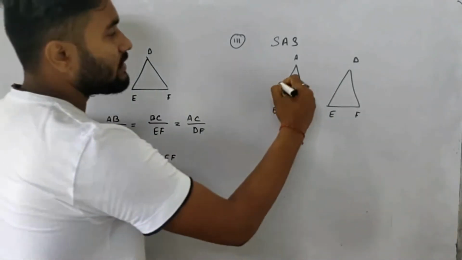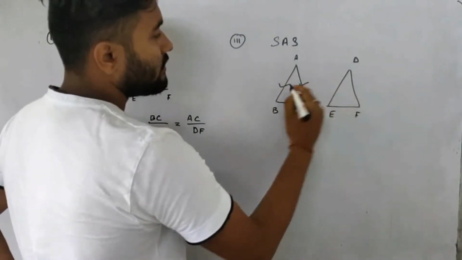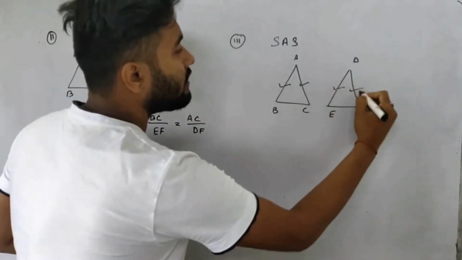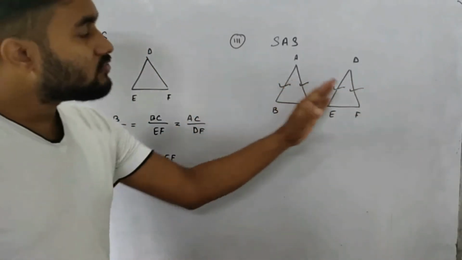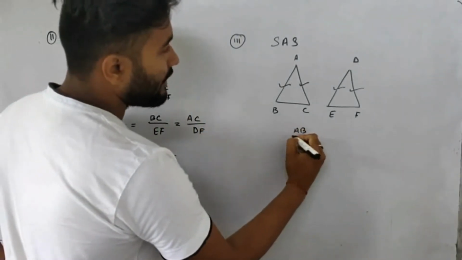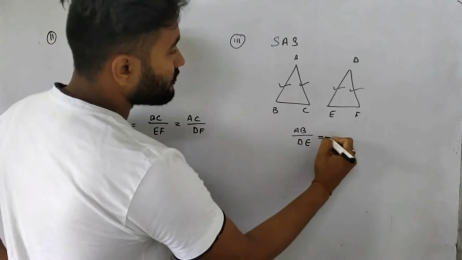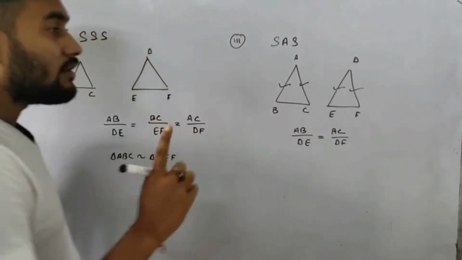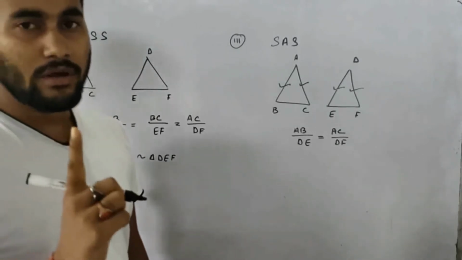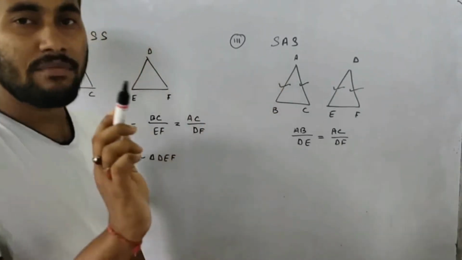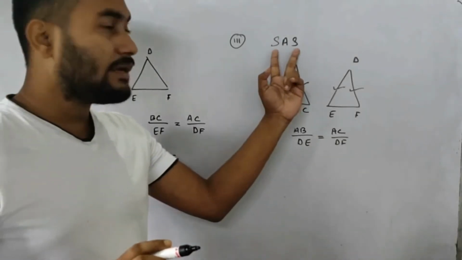Say for example this side and this side, and the corresponding sides are this side and this side. If these two sides are proportional, say for example AB by DE is equal to AC by DF, then we have to show one angle equal. That angle will be the angle between these two sides. Remember, this angle should stay between these two sides.